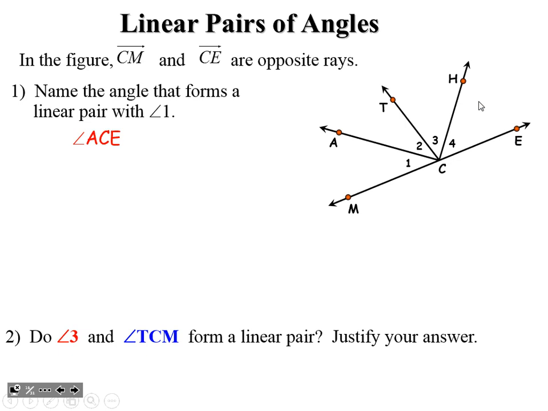So Azra, when we look at this, these two angles here are angle TCM and angle 3. So here's TCM. Actually, I'm going to do that as angle 3. Match the colors. Here's TCM.